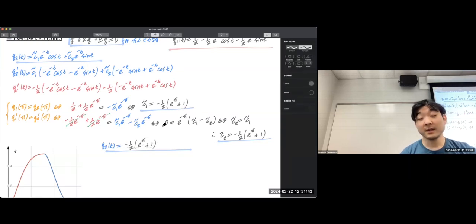They have an e to the -t that's the same, so it'll be e to the -t out here. If you did plug in these values for C1 and C2, those would be the same, and then e to the -t is common, so we could have factored all that out and been left with cosine of t plus sine of t.